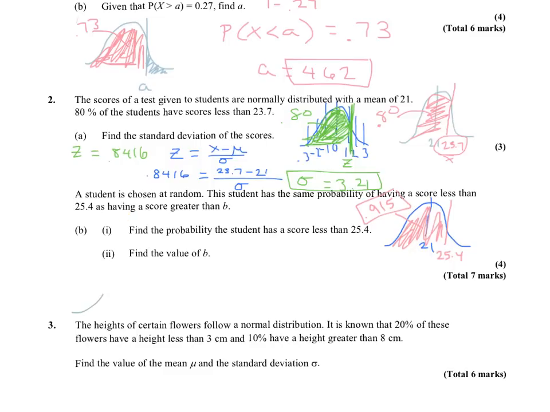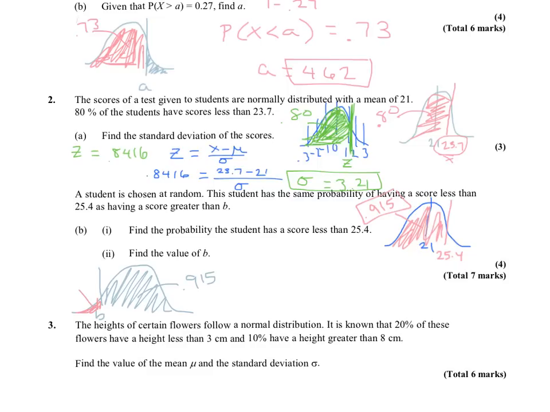So let's draw that curve for a second. We have a bell curve, we have B, and 91% is greater than B. So B must be really far over, and this area to the right is 0.915. Now, if we know the area and we're trying to find the boundary, we're going to use inverse normal. But again, we need the area to the left of the boundary, not the right.